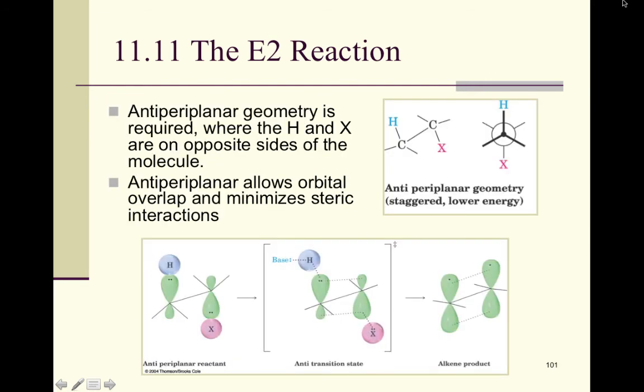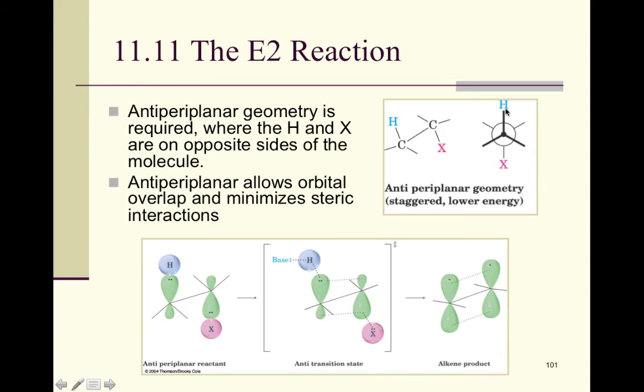The E2 reaction is very dependent on the orientation or the conformation of our starting material, of our carbon that has the halogen that wants to get out of there and be eliminated. We have a carbon-carbon single bond and there's free rotation. The best time for this reaction to happen is when you have our hydrogen and our leaving group anti-periplanar.